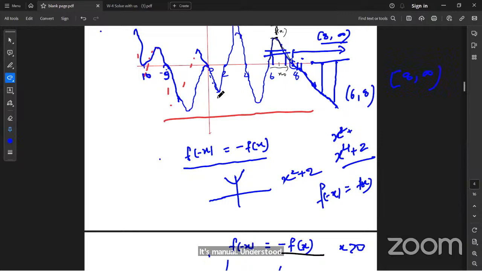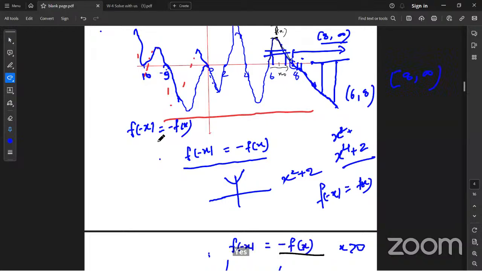Yes, understood. For the odd function case, I am saying a function is said to be odd if it is symmetric to the origin. Or you can say a function is odd if f of minus x is equal to minus of f of x.